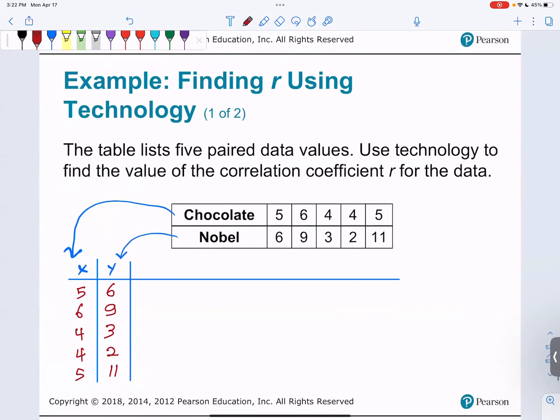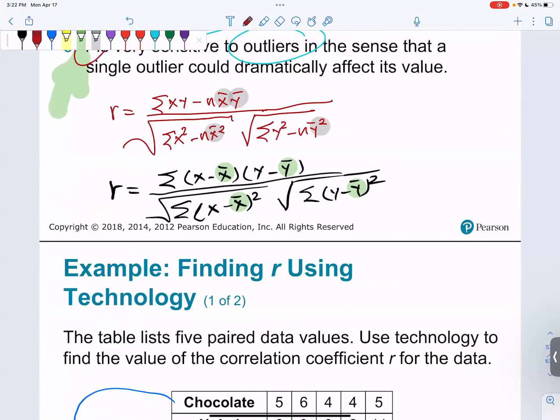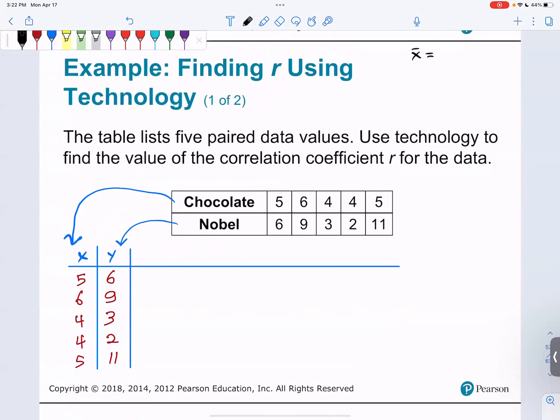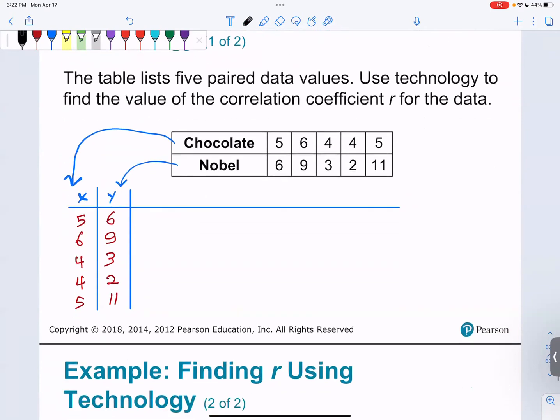And then remember the formula, what we need. I all the time use this one. Do we have X bar? No, then we calculate X bar. X bar equals summation X divided by N. So you add those values up and you get the summation.